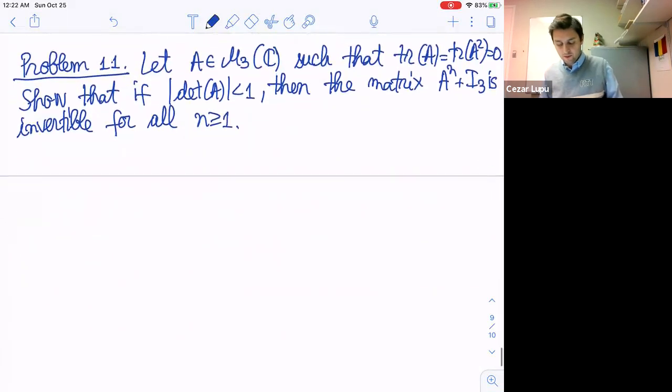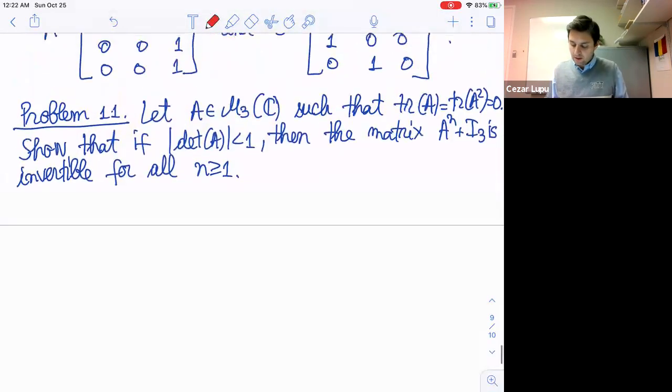Okay, so let's look at this problem. Well, once you look at it, something just immediately pops up in front of your eyes, which is that condition.